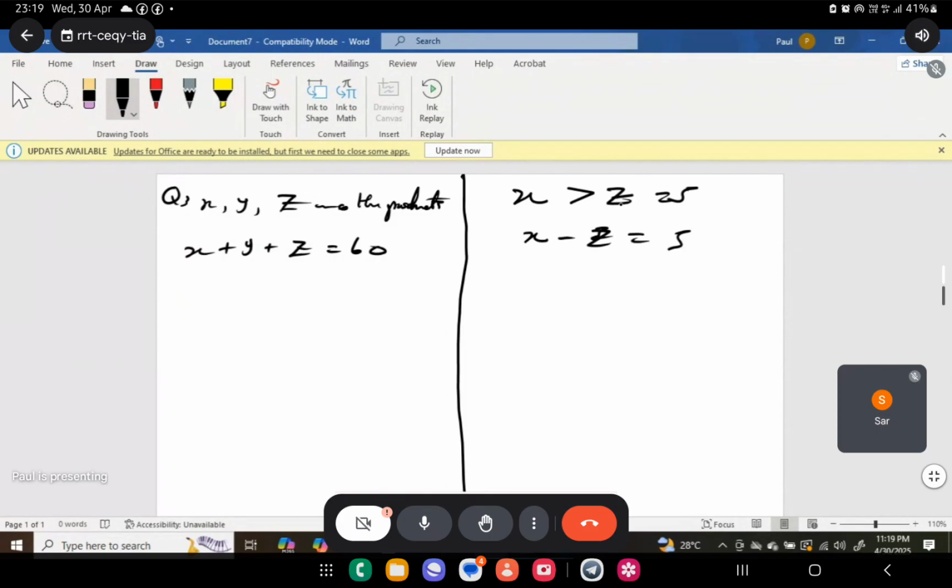That's the second criteria. That means that X is there, but we don't have Y, but we have Z.